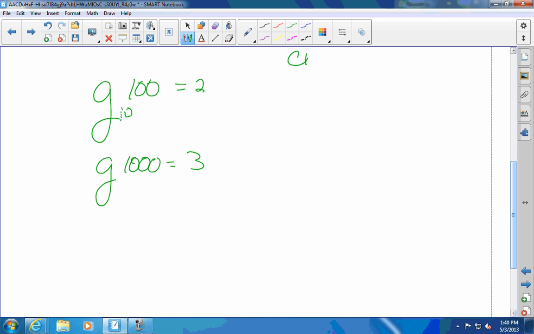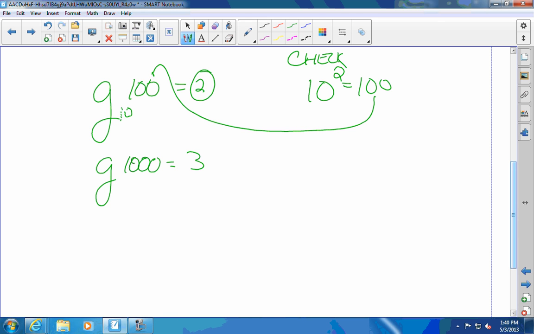So you can always check yourself by saying take your base, take your answer, go back to your exponent form, and these two things should match. Take your answer, which is just an exponent, your base is 10, there's your 1,000.